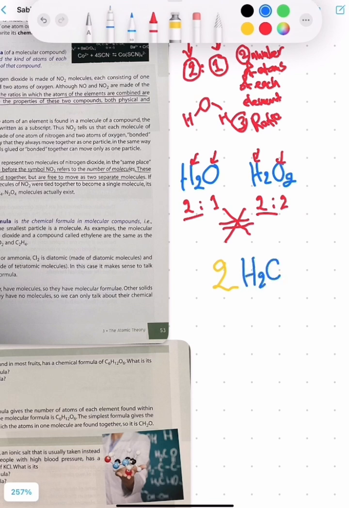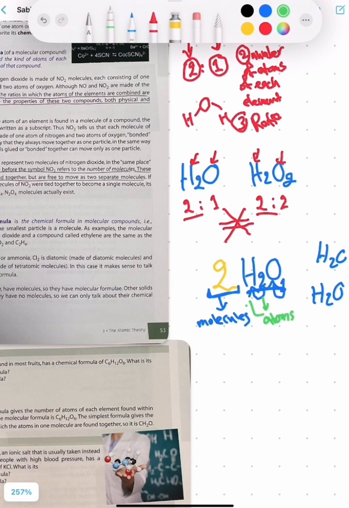So if I say 2H2O, what does that mean? This big 2 right beside the chemical formula is the number of molecules. So it means that we have 2 H2O molecules. But here, this 2 belongs to hydrogen, and this, with nothing written, belongs to oxygen. So the small numbers are the number of atoms of each one of them.